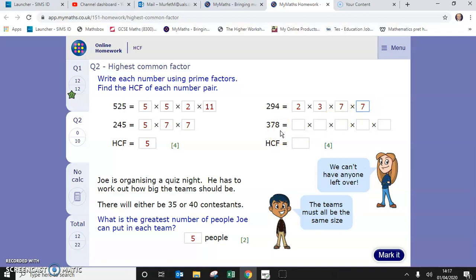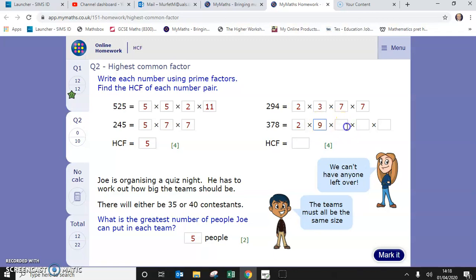And on the next one, 378. Again, 378 will divide by 2. And now we've got to try and think what goes into 189. Now, using the multiplication laws, if I add the digits together, I've got 9 plus 8 plus 1 gives me 18. 18 is a multiple of 9. So I could divide by 9. So 189 divided by 9 gives me 21.